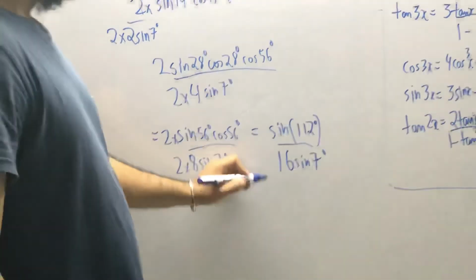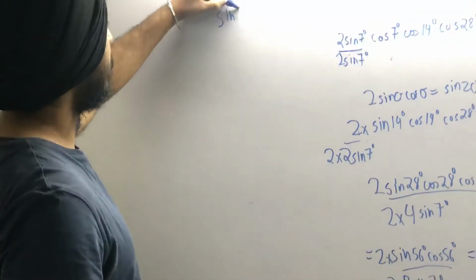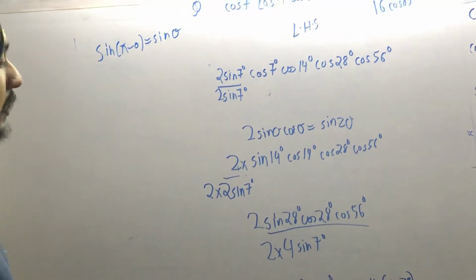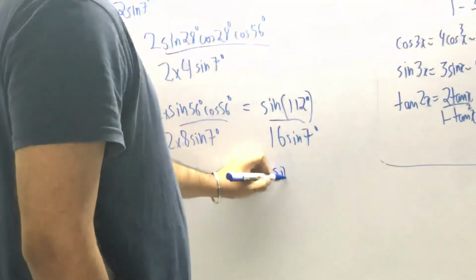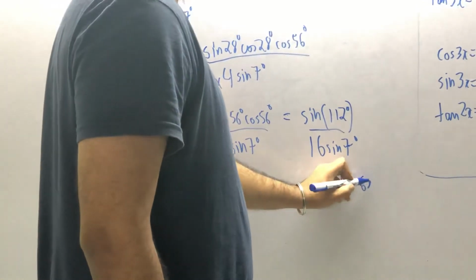Sine pi minus theta, you know this property, we have done this, is equal to sine theta. So somehow I can write it like this, sine 180 minus 68 degree.